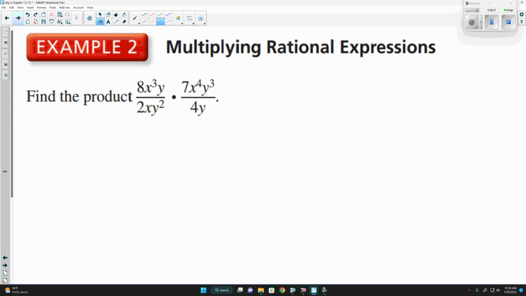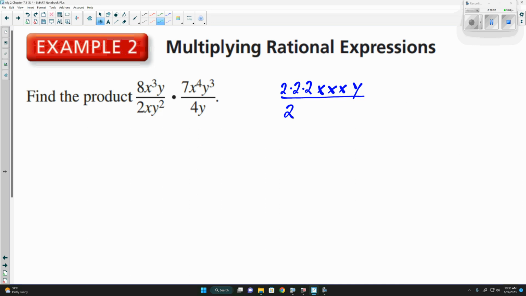So I'm going to write this first one out. You don't have to write it down. Personally, I don't like it. I find it tedious. We can break it down into simplest terms. Because 8, if we broke it down into the prime factorization, is 2 times 2 times 2. x to the third is x times x times x. y.